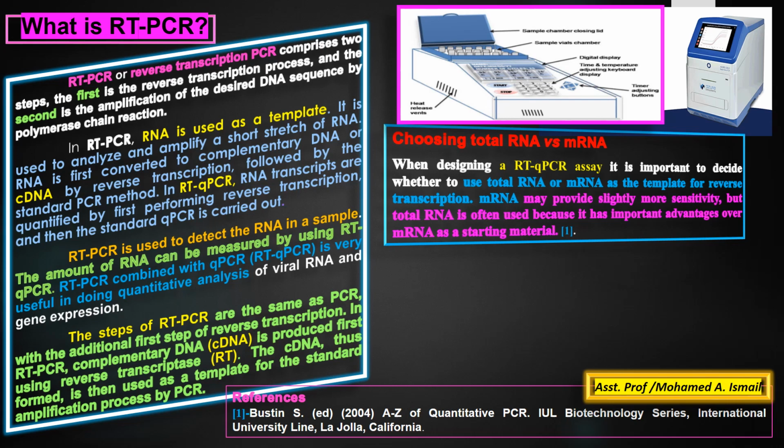However, messenger RNA may provide slightly more sensitivity, but the total RNA is often used. This is because it has important advantages over messenger RNA as a starting material.